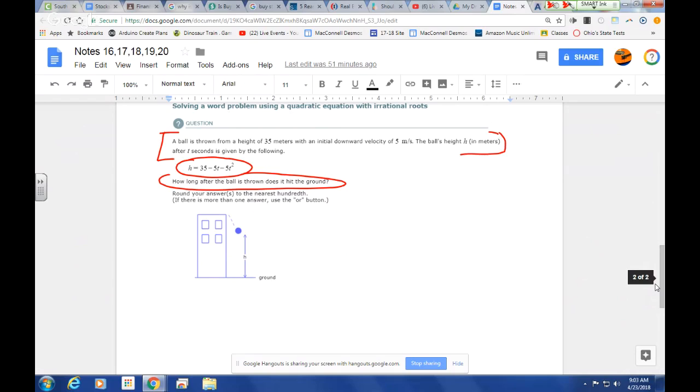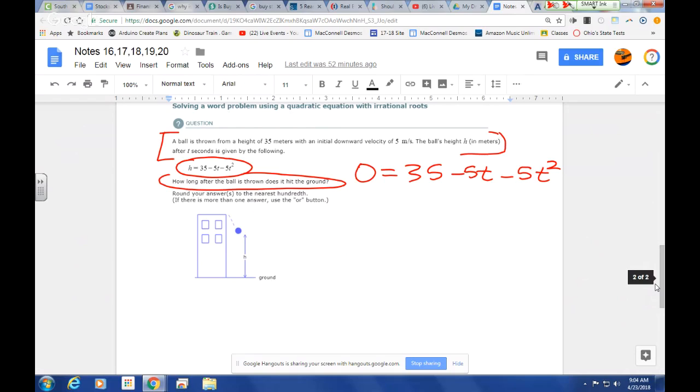How long after the ball is thrown does it hit the ground? What is the height of something if it's on the ground? 0. If I say you're on the ground, the height is 0. So if I take this formula that says h equals 35 minus 5t minus 5t squared, and I say hit the ground, I'm basically saying when is h equals 35 minus 5t minus 5t squared.